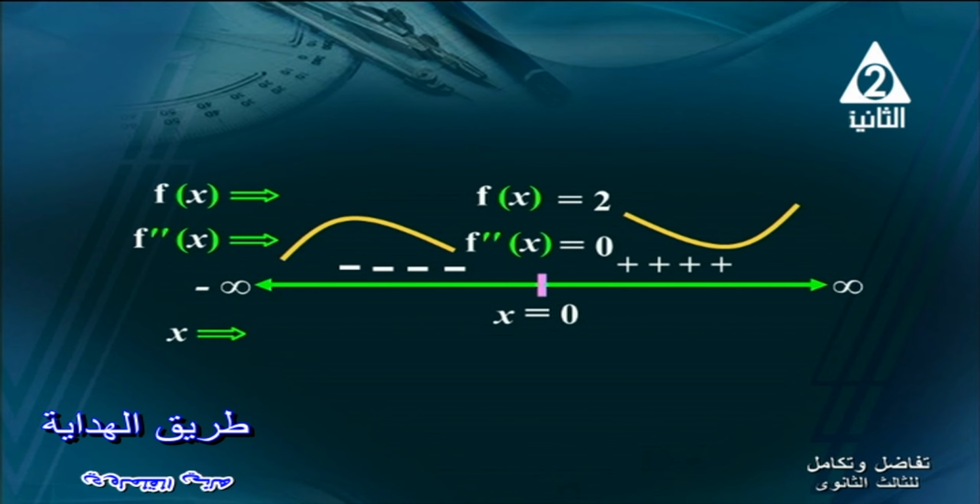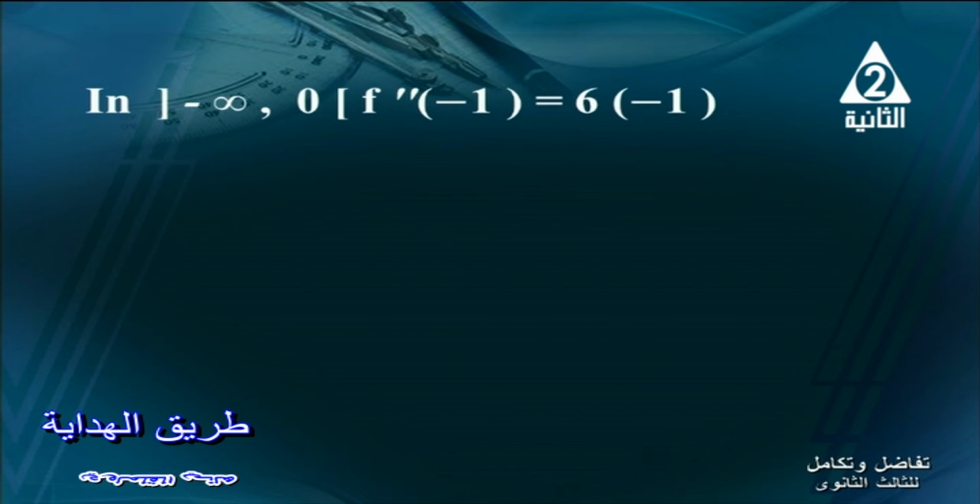And in the open interval 0 to infinity, the sign of f double dash x is positive and the curve is convex downward. In this case, we have an inflection point at x equals 0. When x equals 0, the value of y, f of x, equals 2. So the point 0 and 2 is an inflection point.